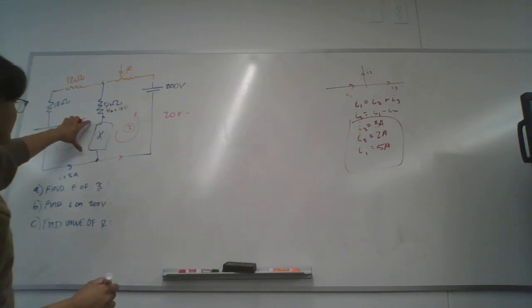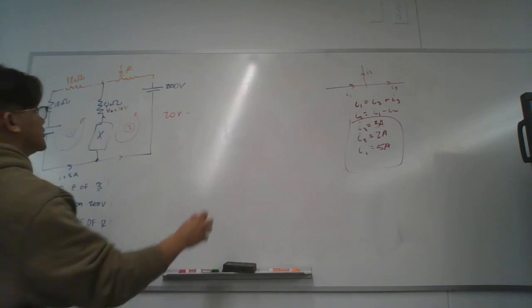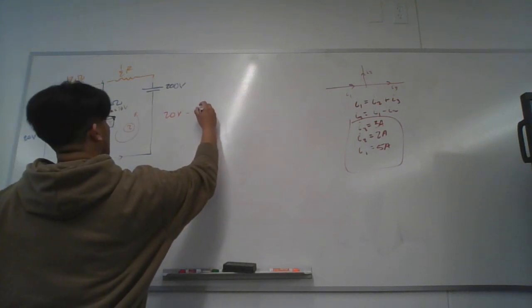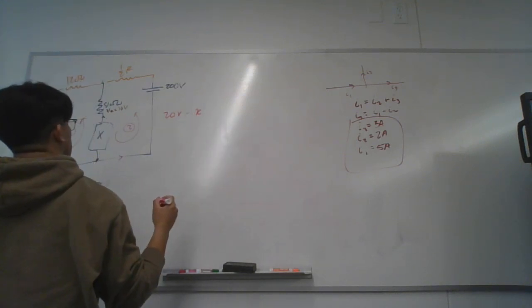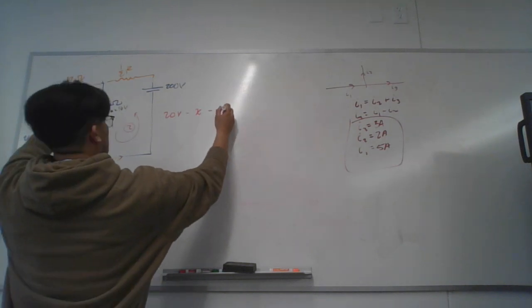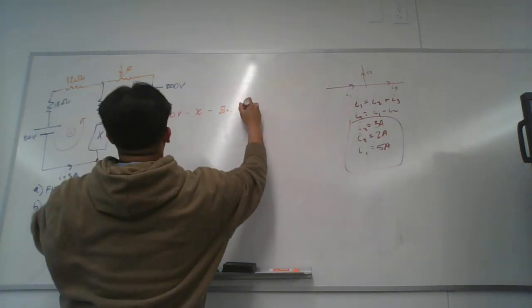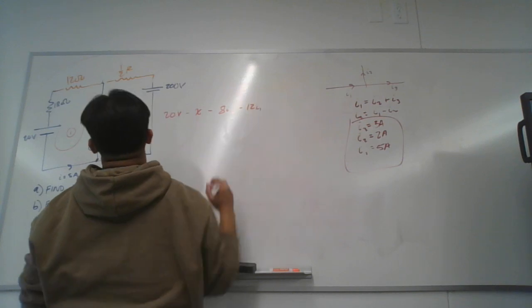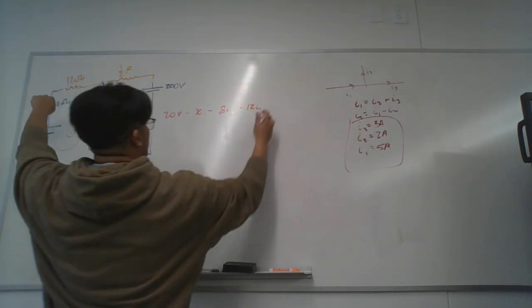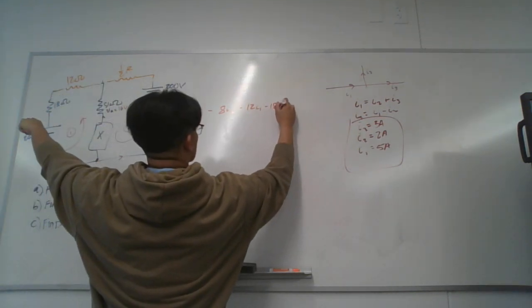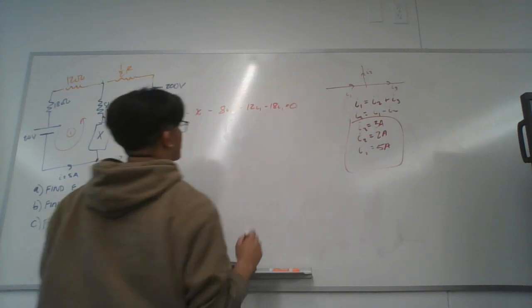Oh, actually, we have this thing right here, so we can just go ahead and do x minus. We have an 8 I2. We have minus 12 I1. And then we have a minus 18 I1 equals 0.